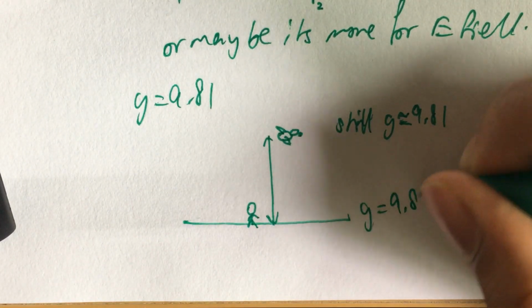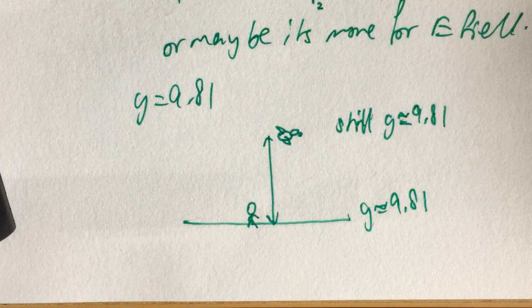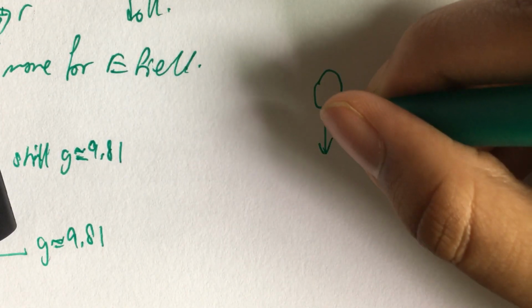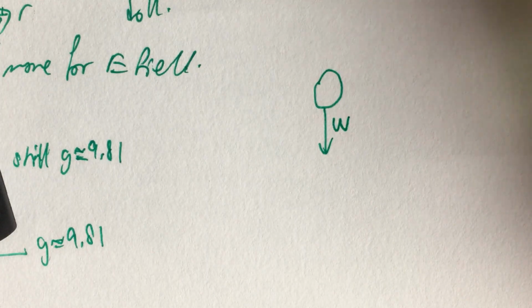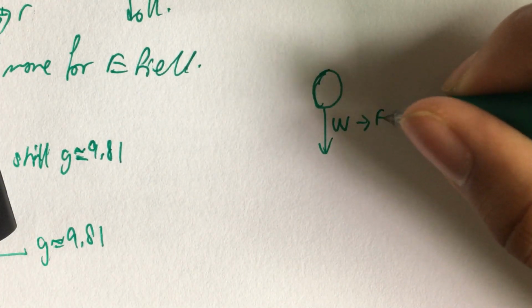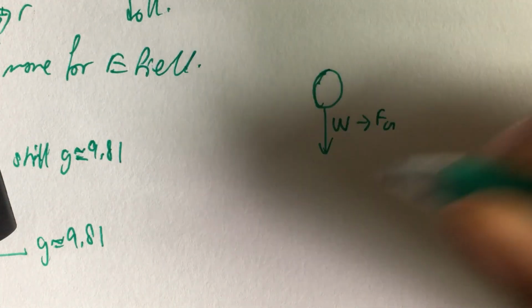Okay, anyways. The other thing that we should take note of is that g is equal to the acceleration of free fall. What that means is, in the absence of things like friction, air resistance, anything else, if the only force acting is the gravitational force, the acceleration of the body is g, 9.81 in terms of the Earth.